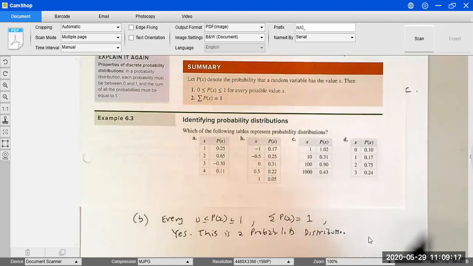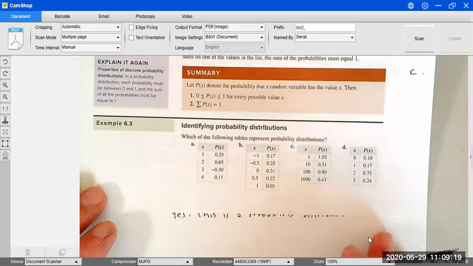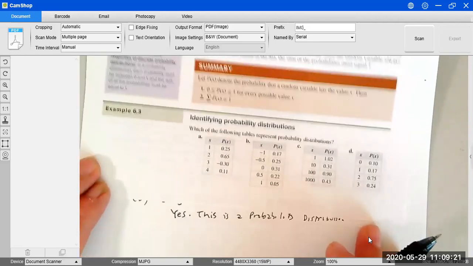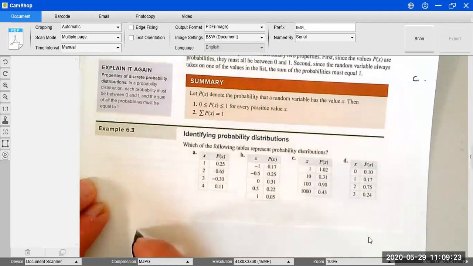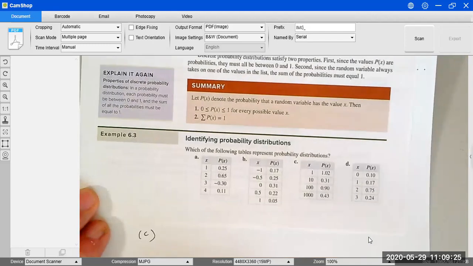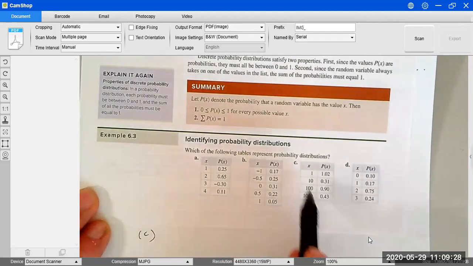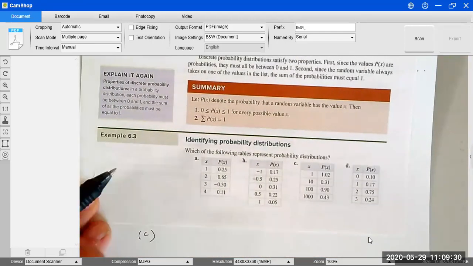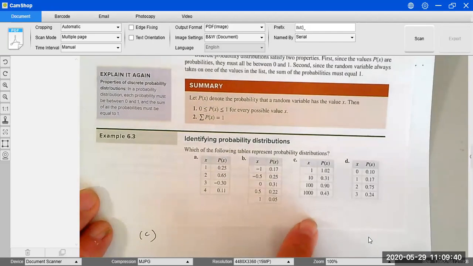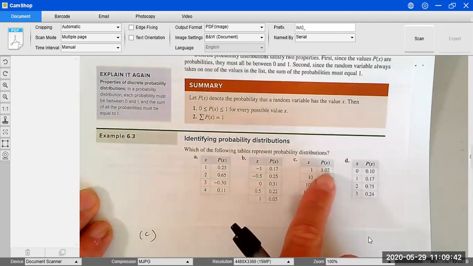So the third case. Now the third case, we have another table. We have values for x that are numerical, so that's perfect. Then we have one value, the first one. The first value is greater than 1.